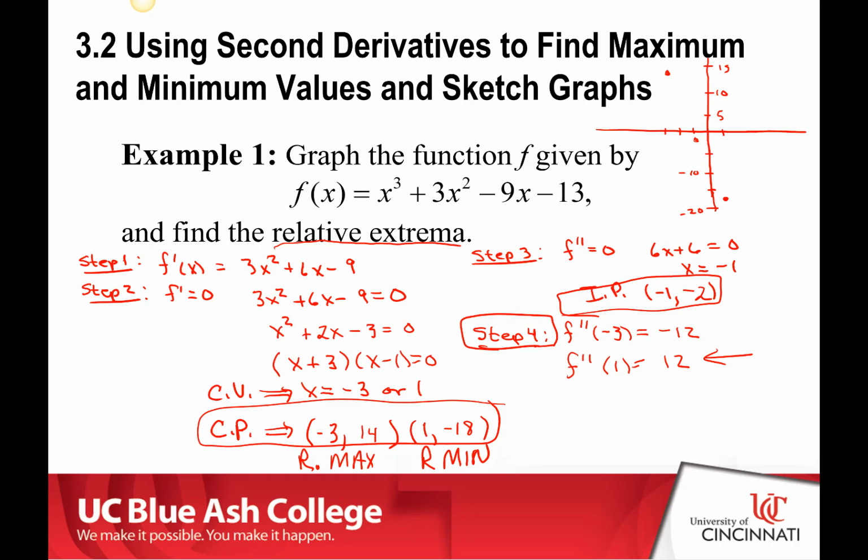We also know something about the point -3, 14. At -3, 14, is this thing concave up or concave down? Well, it's negative, so it's concave down. Which means in this area, the graph is concave down.